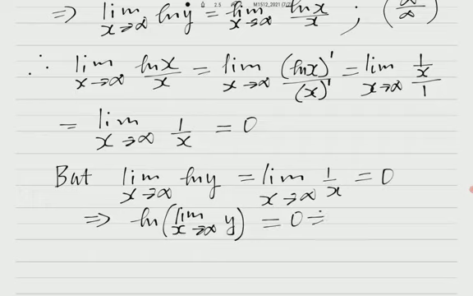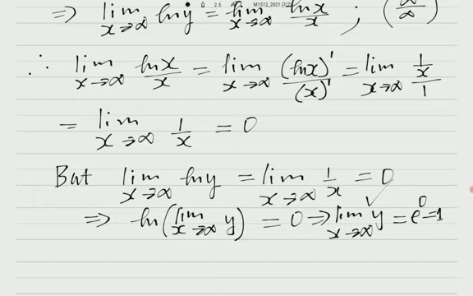Now we can say the limit as x goes to infinity of y equals, on the right, e to the power 0. So you can raise everything to e, and then ln will disappear, and on the left we are left with the limit as x goes to infinity of y, and on the right e to the power 0, which is nothing but 1.